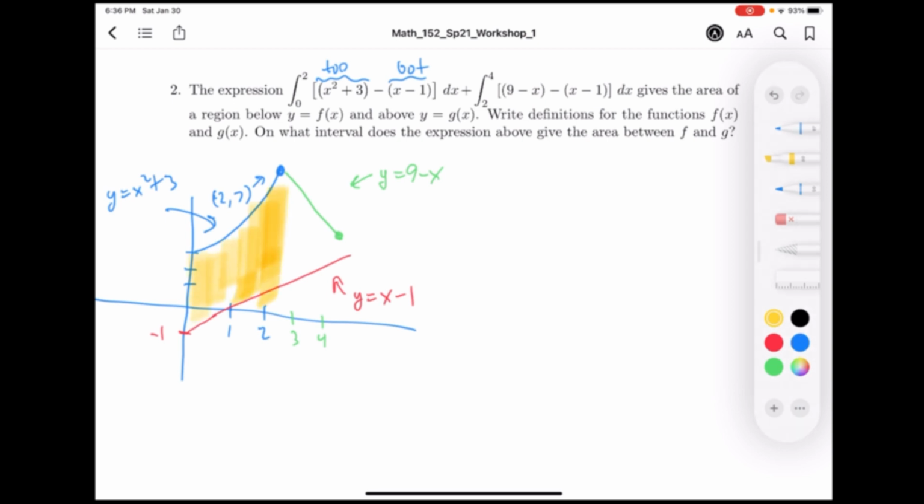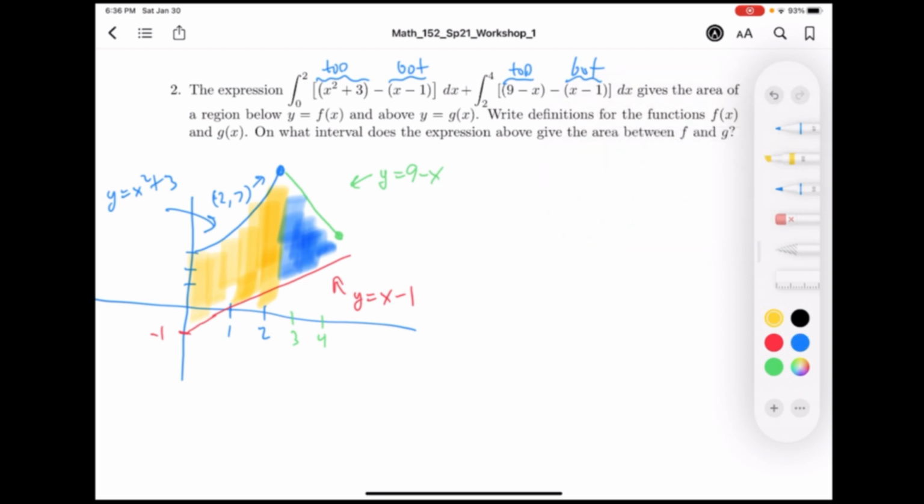That's really going to be that region like that. And then once again we have top and bottom on, let's see if we can do a slightly different color. There we go. So that's top and bottom on the blue region going from 2 to 4.